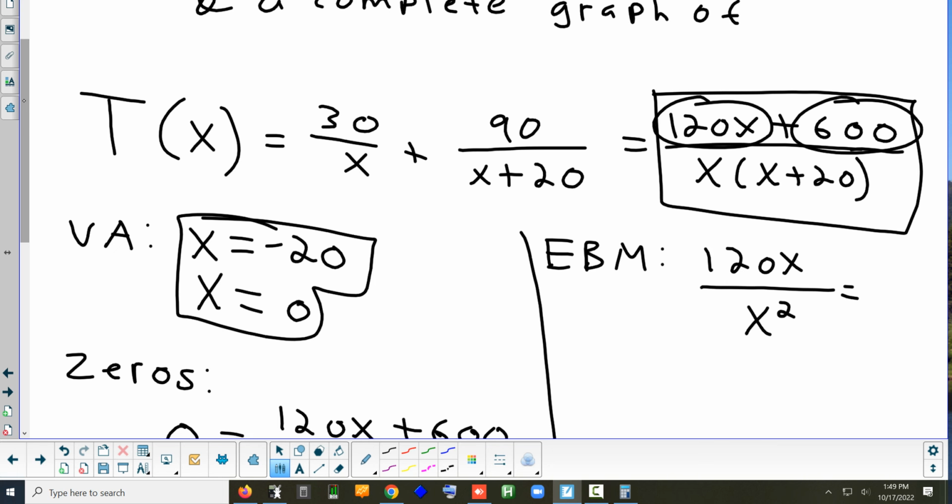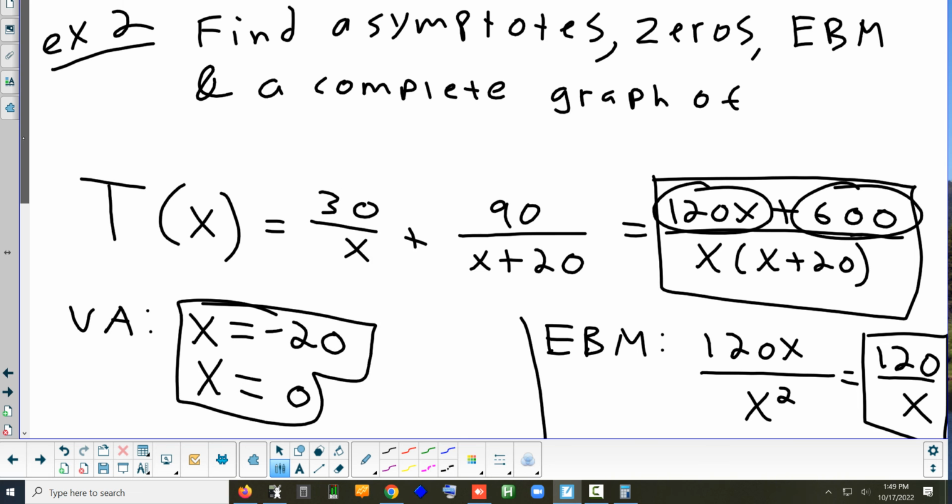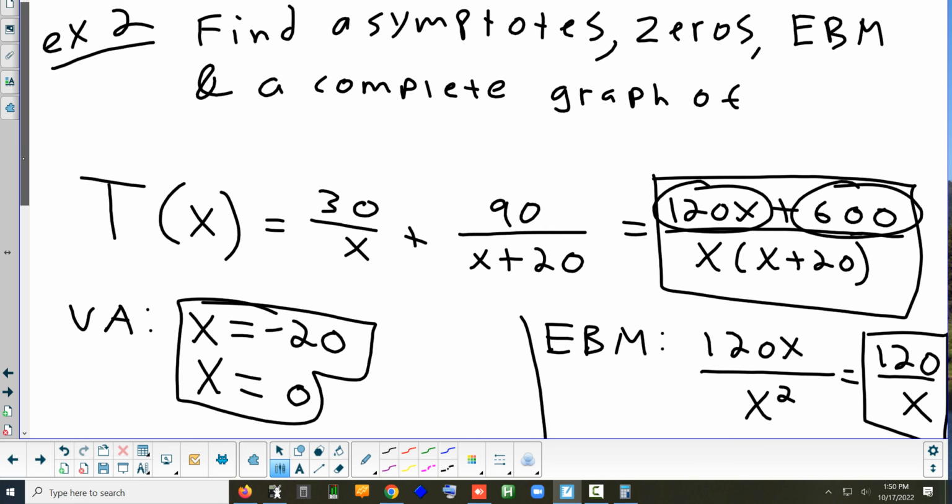Well, right now, 1. How many in the bottom? 2. So there's 1 in the top, 2 in the bottom. We can cancel 1 from the top and the bottom. And what would that leave me with if I do that? Good. 120 over x. So that's the end behavior model.